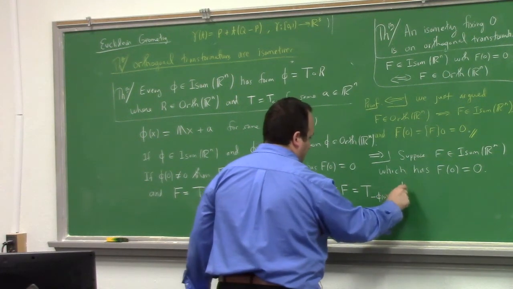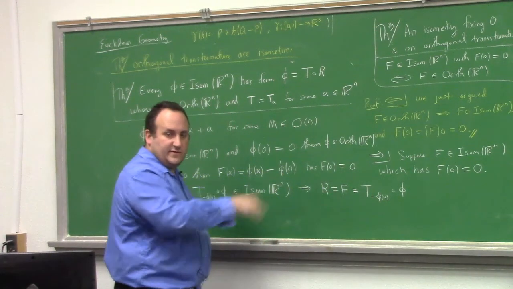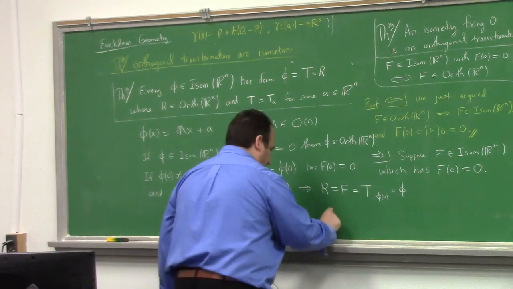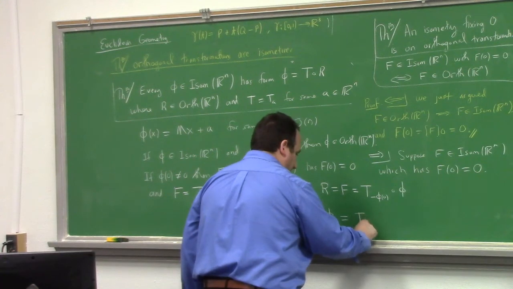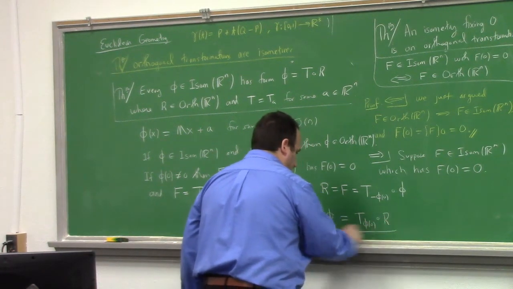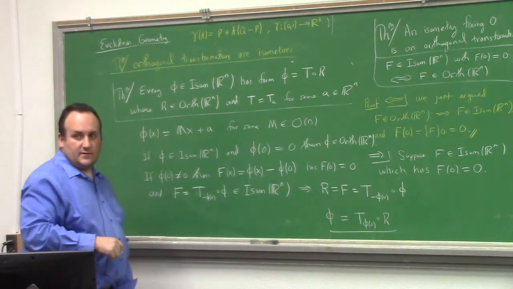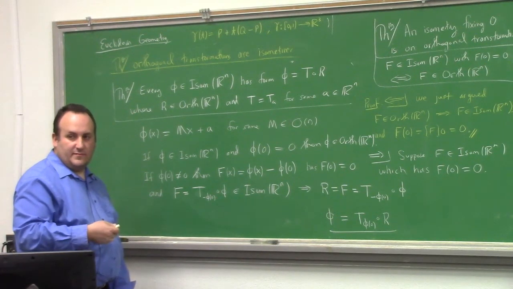So now let's go back to the fact that we had an inverse for the translation. We just compose with the translation by plus that instead of minus it. And this gives us that phi is equal to the translation by phi of 0 composed with R. Which is, again, the composition of a translation and a rotation, which is the claim of the theorem.